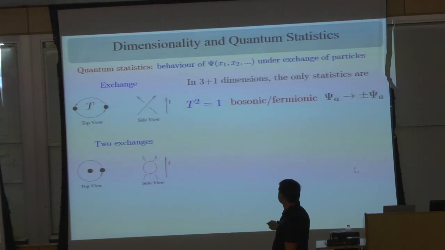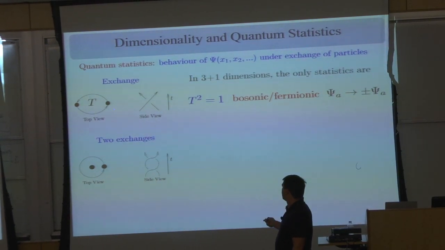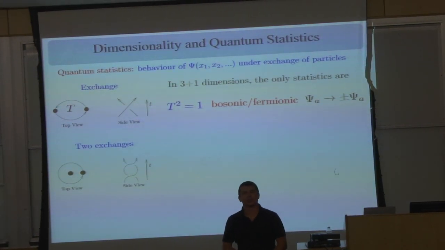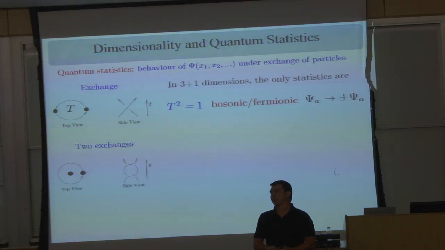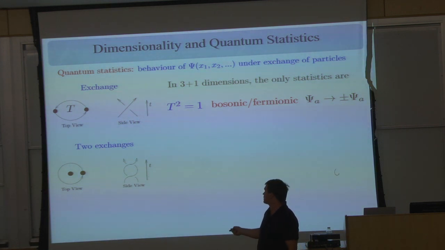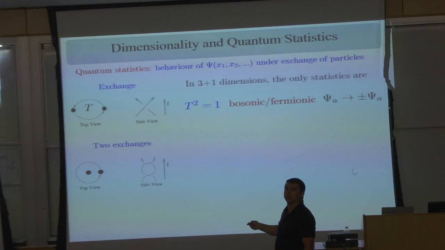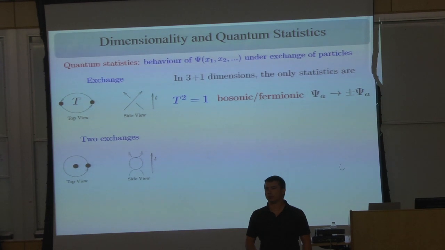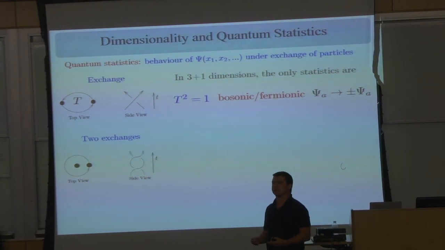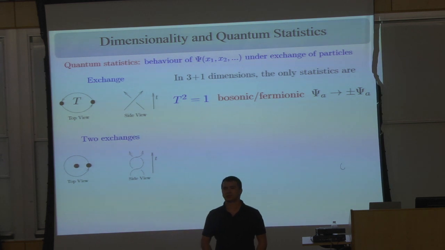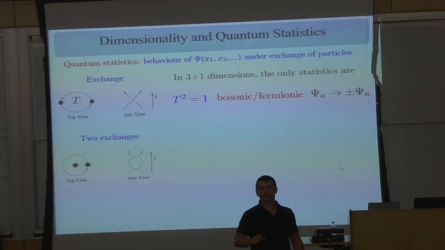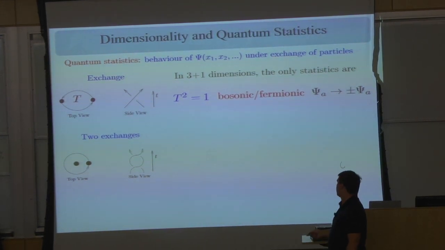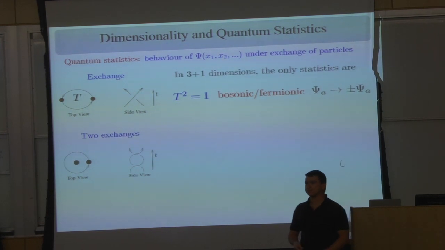This fact goes back to a simple observation: if we do the exchange transformation in 3 dimensions, we have freedom in the z direction to reduce this loop to a point. If we exchange twice and reduce the loop to a point, that means that we didn't do anything to the system. That means that the transformation T squared, with T being the exchange transformation, has to be equal to 1. And therefore, T is equal to plus or minus 1.